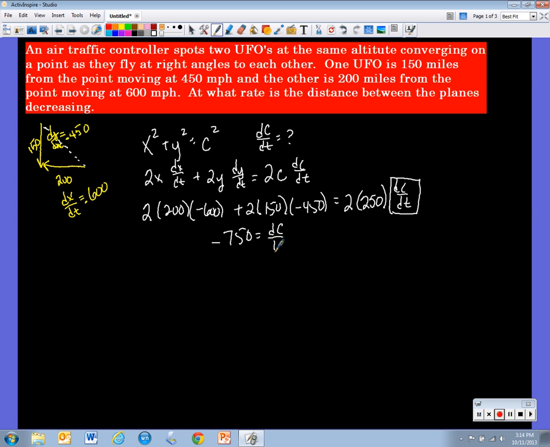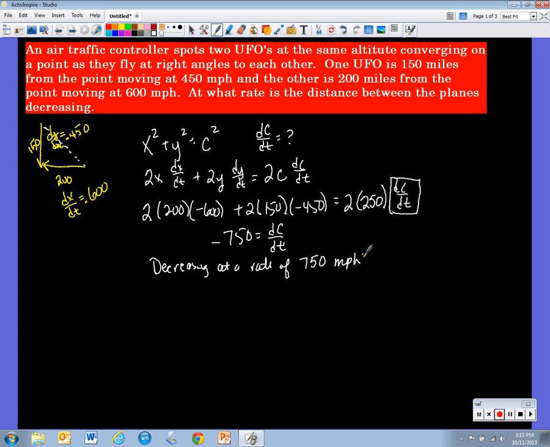What that means is that is the number that we get, but we have to interpret what in the world this number is. The negative means what? Decreasing, I believe. So we're going to say the answer is we are decreasing at a rate of 750 miles per hour.